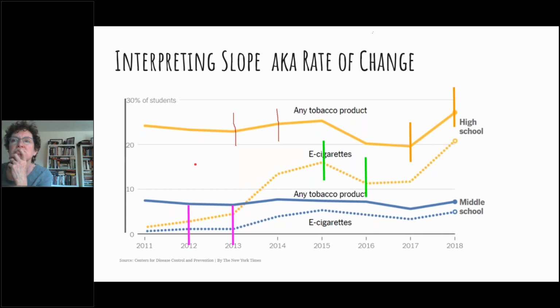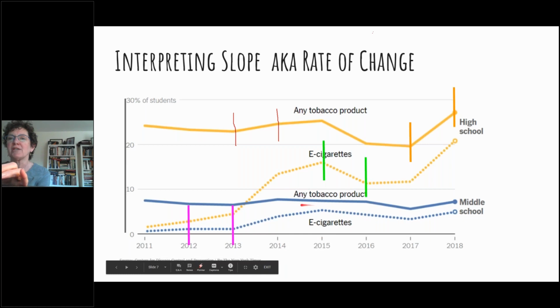Okay, what about 2015 to 2017 for the e-cigarettes at middle school? Beautiful. You're saying from here to here. Absolutely. And you told me exactly what I needed to know so that I would know which line you were talking about.